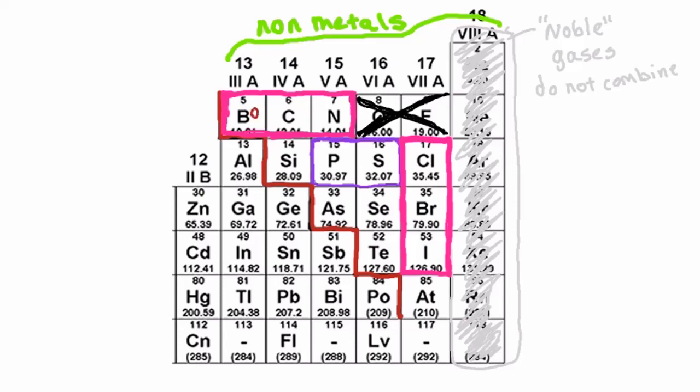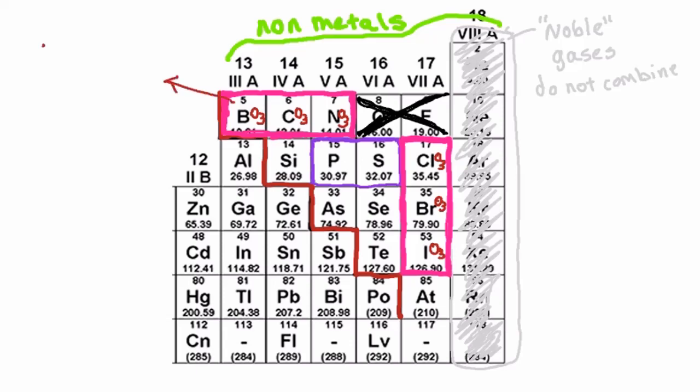So I'm going to put O3 after here, O3, O3, and we're going to put O3 for the chlorine, O3 for the bromine, and O3 for the iodine. So all of these elements in both of these hot pink boxes, the one going vertically underneath the fluorine and the one going horizontally next to the oxygen, there's three of them in each box. These are all going to have three oxygens in their polyatomic ions.